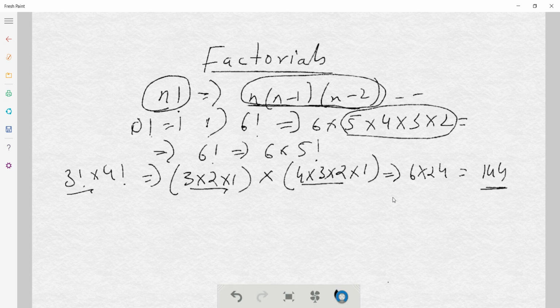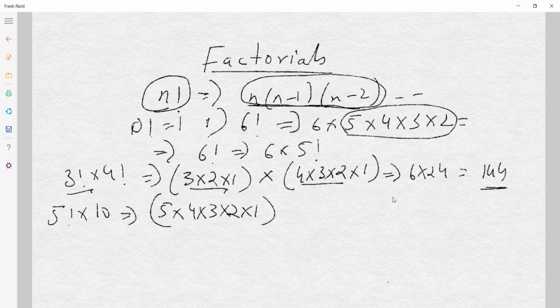Let's do one more example here. We're going to do 5 factorial times 10. This can be written as 5 times 4 times 3 times 2 times 1 times 10.